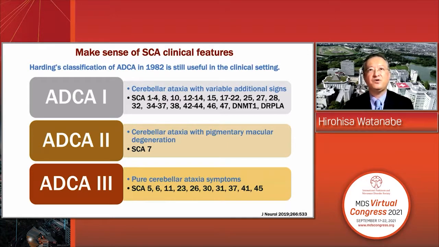ADCA3 is pure cerebellar ataxia, including SCA5, 6, 11, 30, 31, and so on. Interestingly, several studies have shown that even ADCA3 patients show non-cerebellar symptoms.